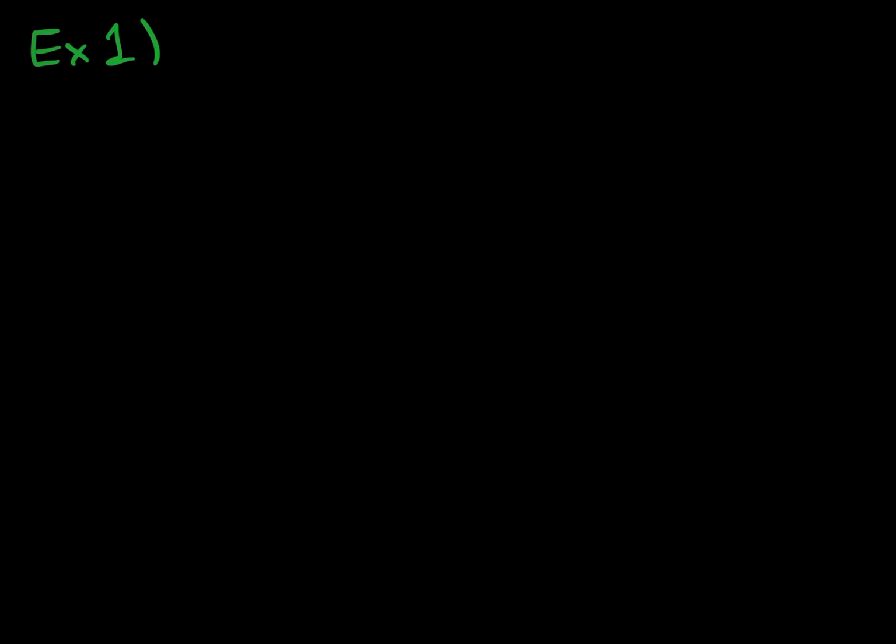Let's say the function we're given is y equals (2x plus 4) to the 500th power. Now, we could multiply this out and then take the derivative, but I mean, to the 500th power is kind of crazy.